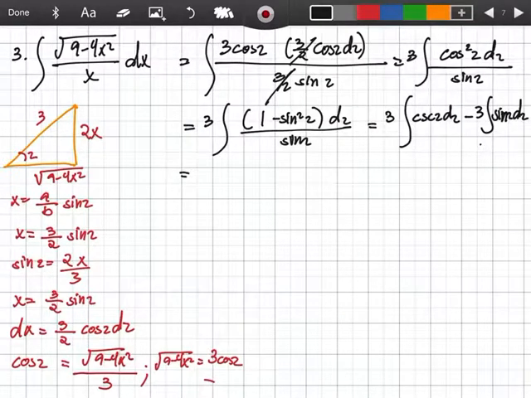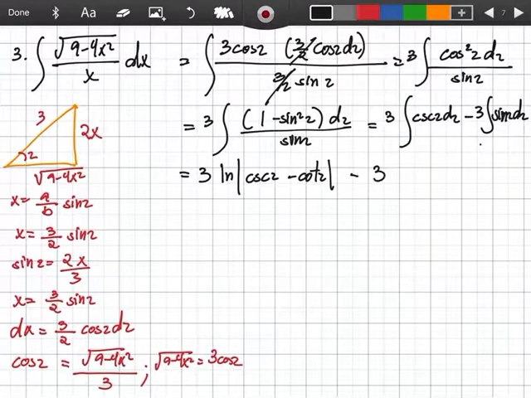So, simple lang siya. Pwede na natin siyang i-integrate. 3 times integral of cosecant is ln of cosecant z minus cotangent z, minus 3 times integral of sine, ang integral ng sine ay negative cosine. So, negative cosine magiging plus yan, cosine z plus c.